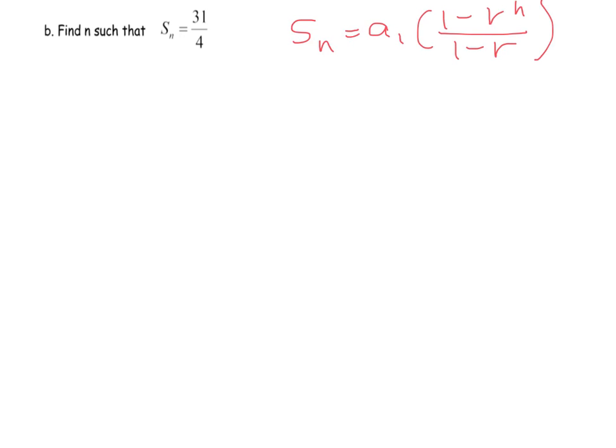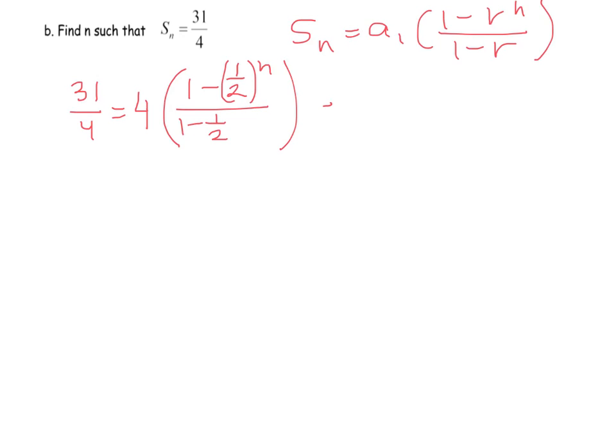We know that our sum is 31/4. We also know that a1 from the previous page is 4, and the common ratio is 1/2. So 1 minus 1/2 to the n divided by 1 minus 1/2.